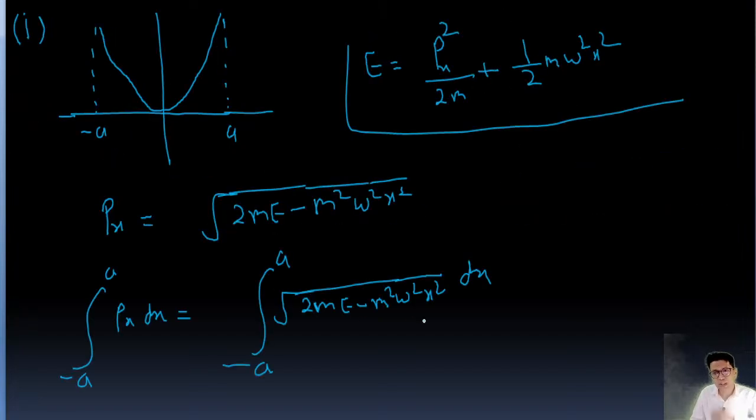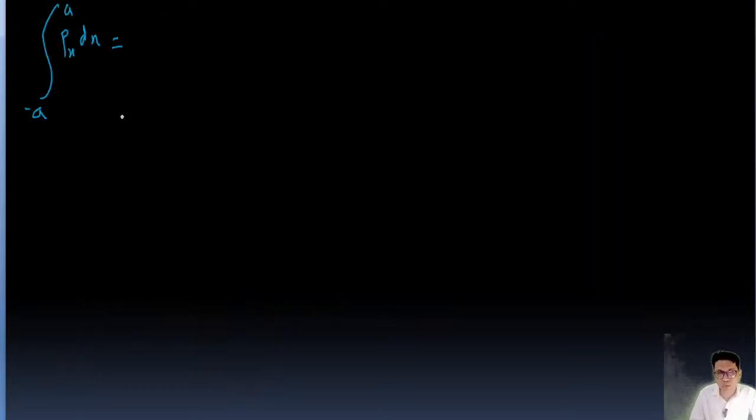Here you can see x square is here. This function is an even function, guys, so we can break the limit, because x square is the variable and that is whole square, so this value is always going to be positive.